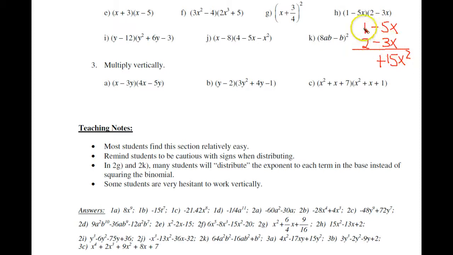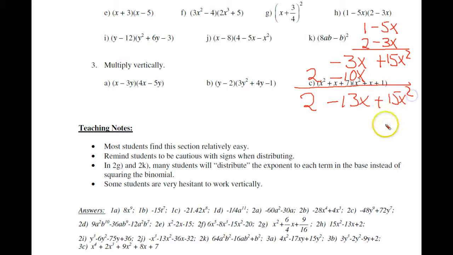And this times this is a negative 3x. Now this times this is a negative 10x. And this times this is a 2. Now notice we've put them in like term columns. That's usually how you're going to find them. And we get then a 2, a negative 13x plus 15x squared. So that's letter H.